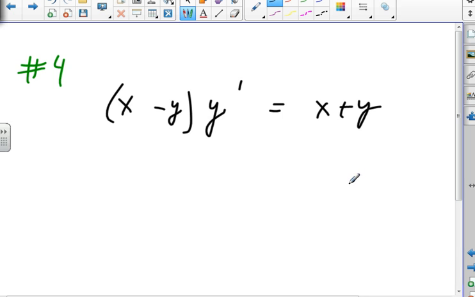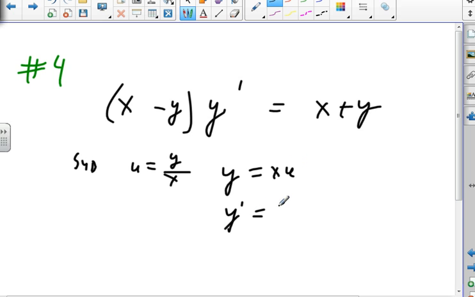And it looks like I'm pretty hosed, right? So we'll do a substitution, and we'll say u is equal to y over x, y is equal to xu, and y prime is u plus u prime x. And then we substitute that in.